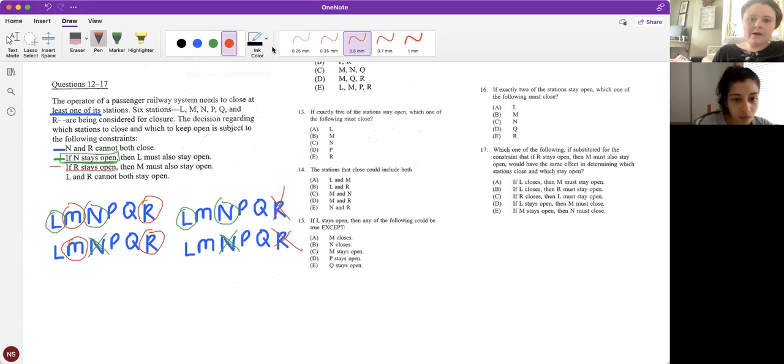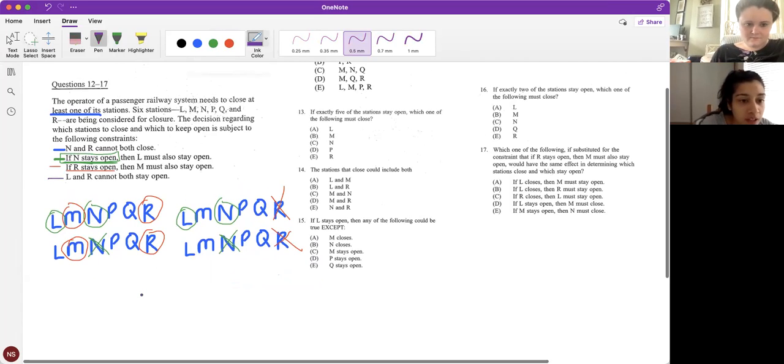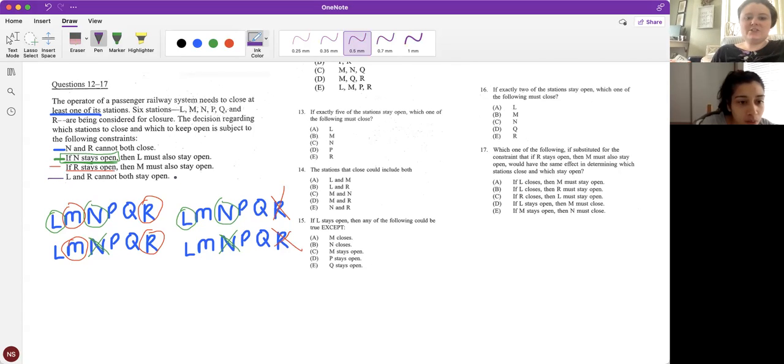All right, so now what about rule number 4? Okay, so if L and R cannot both stay open, then at least one of them needs to be closed. So essentially, what is this rule saying? One of L and R needs to be closed, and so how would you diagram this though?